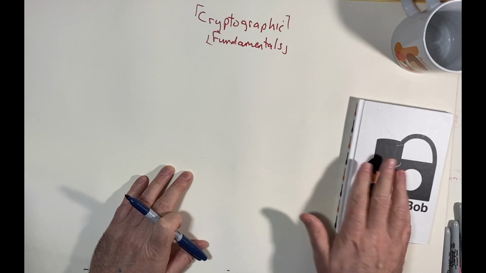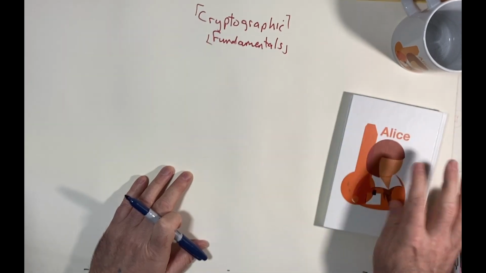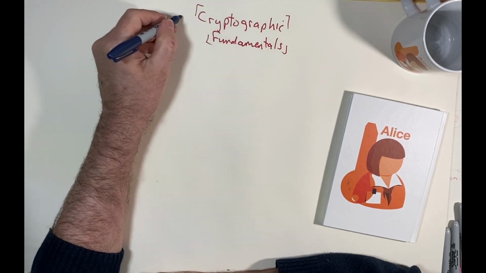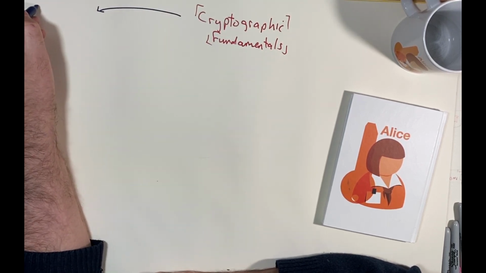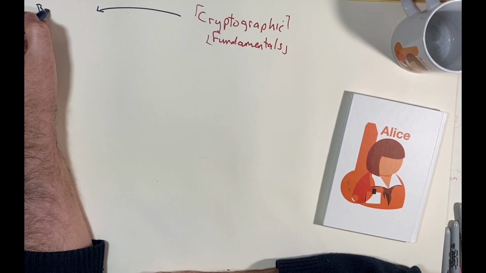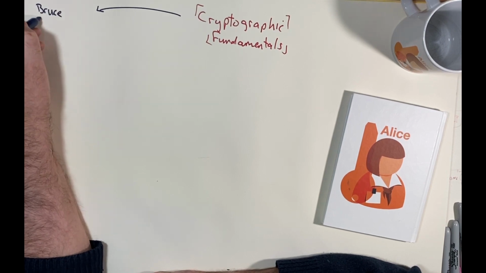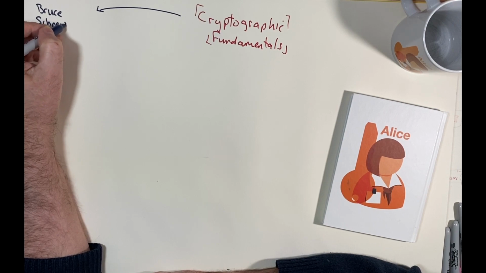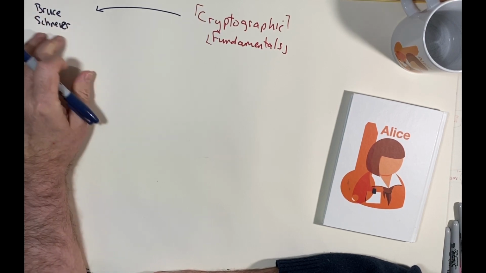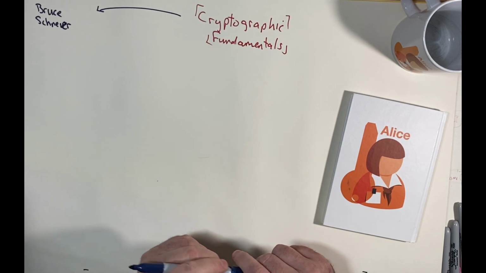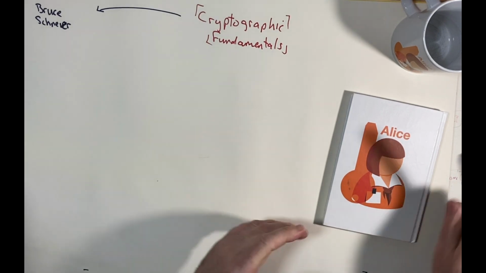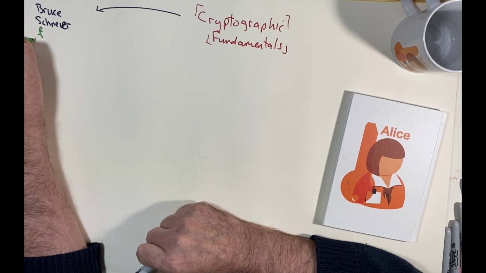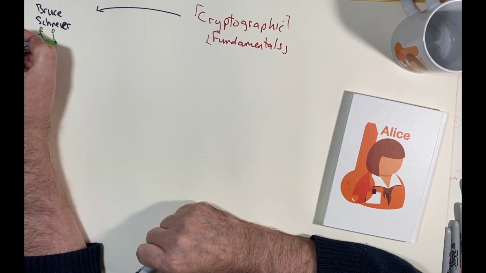Okay, so it's Bob and Alice, and actually they were defined by Bruce Schneier. And it was Bruce who outlined that we could tell stories in cryptography using characters such as Bob and Alice.